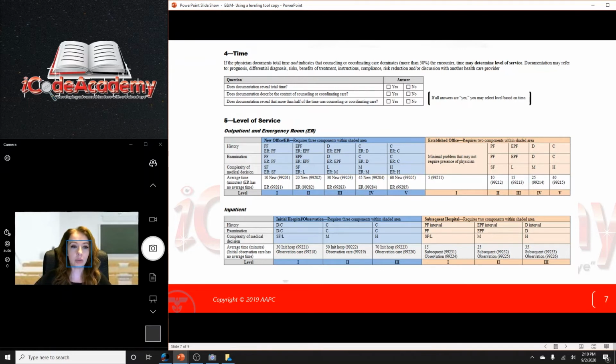So what that means is giving details. If a provider says, I spent 50 minutes with a patient in counseling and coordination of care, but doesn't elaborate whether that was regarding weight loss management or how to appropriately use a new medication, then it would not meet the requirements. And you want to make sure that the documentation also reflects or reveals that more than half of the time was spent in that counseling and coordination of care.